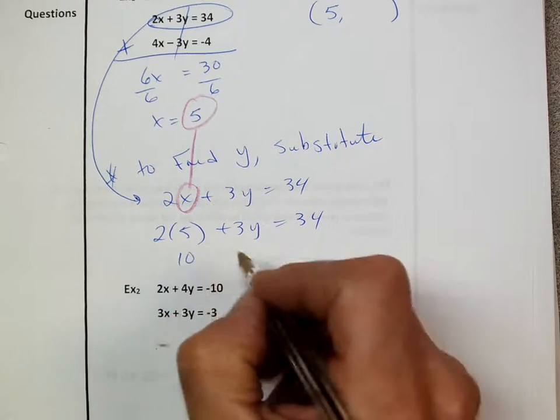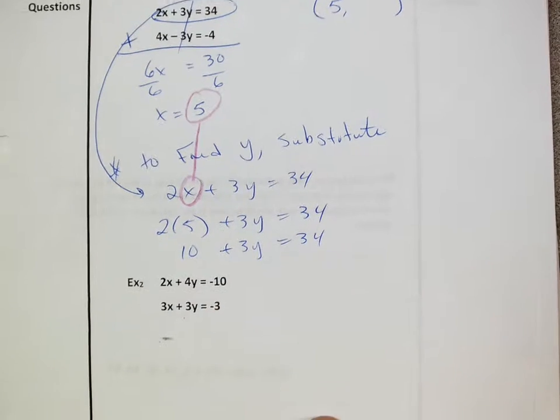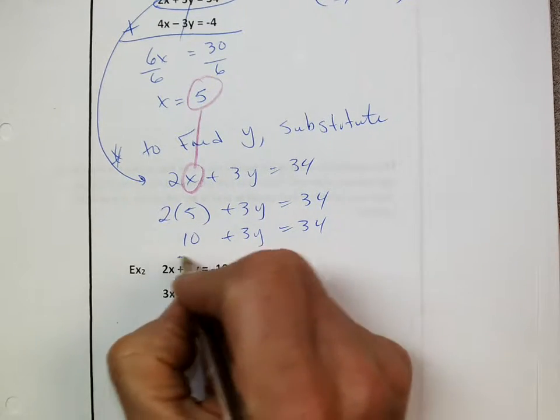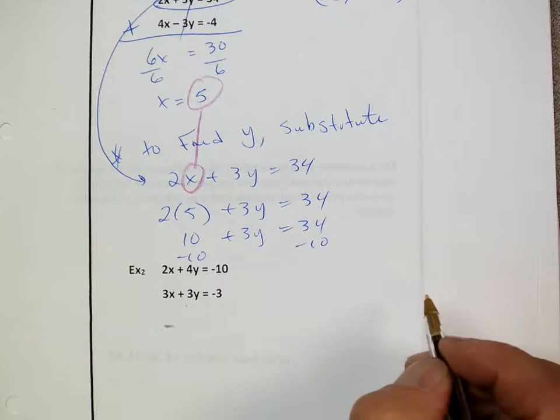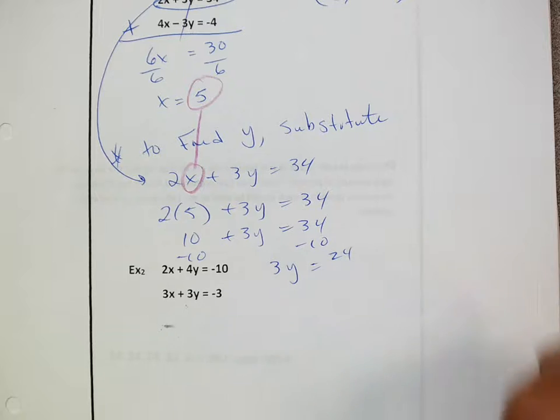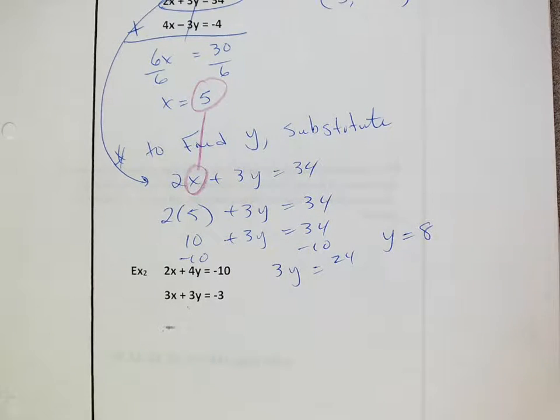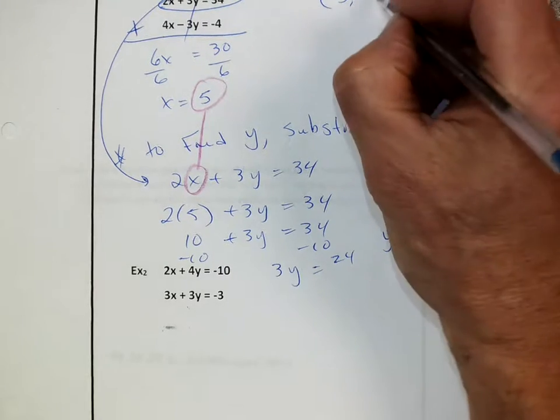I'll have 10 plus 3y equals 34. Minus 10, minus 10. I'll have 3y equals 24. Divide by 3, and y equals 8, right? So my answer is (5, 8).